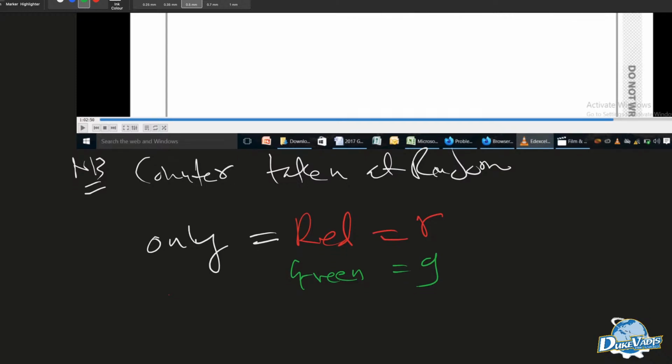Okay, so it's find the number of red counters.